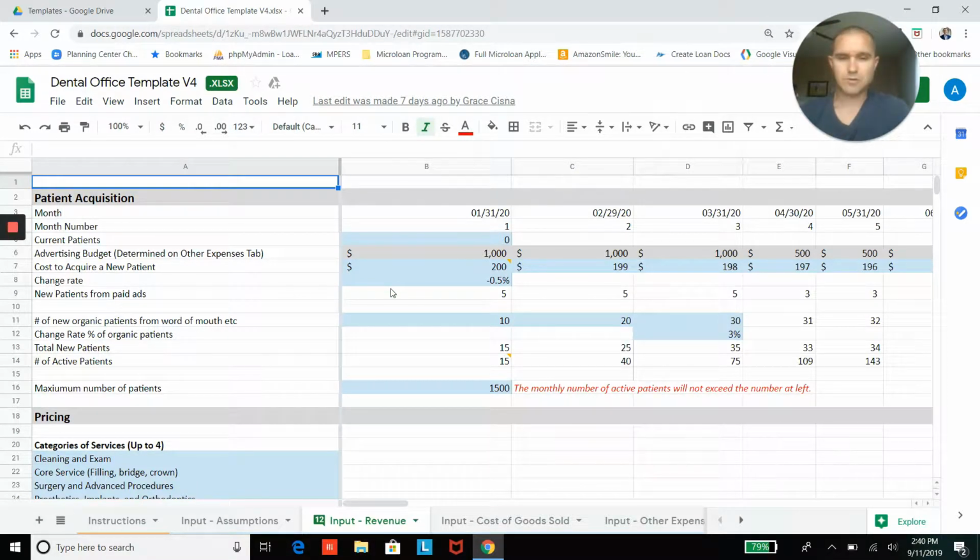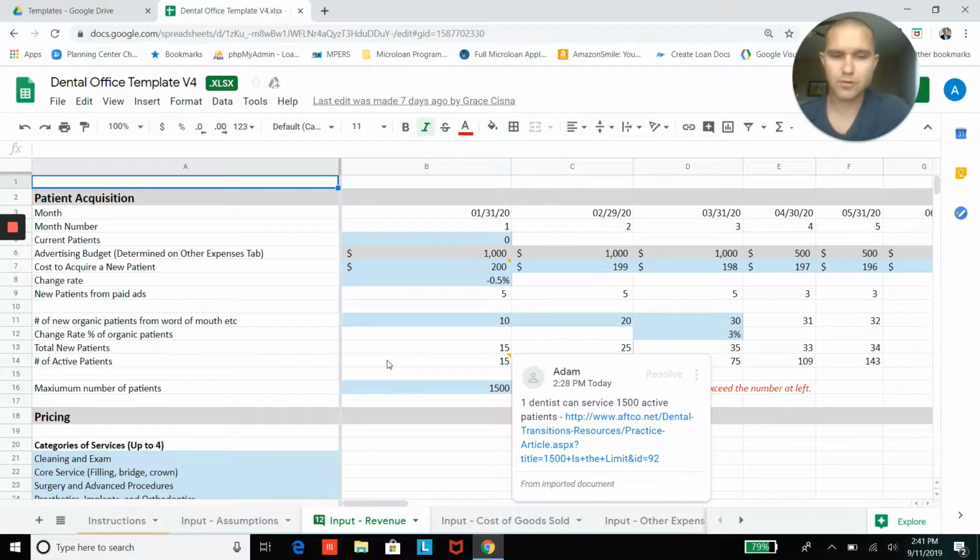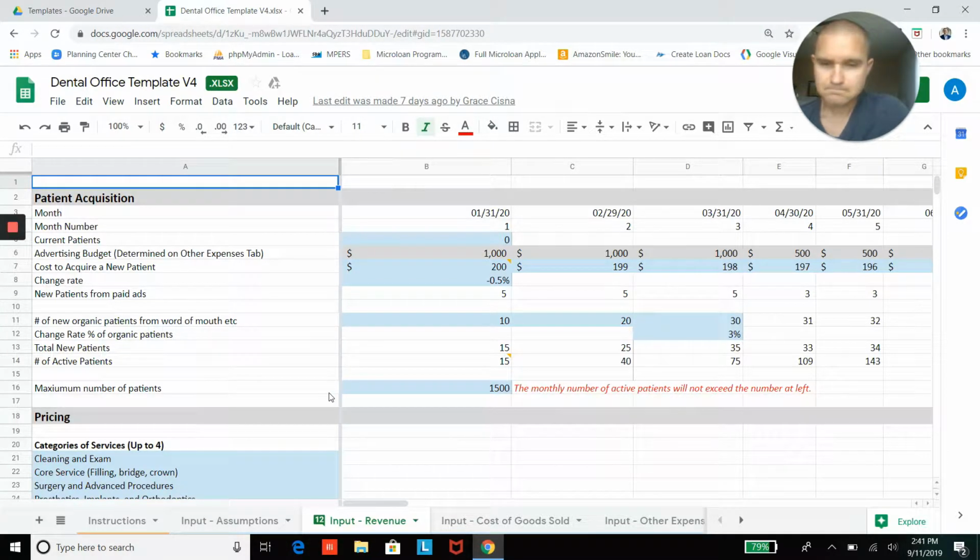So that's where we came up with that $200 cost to acquire a new patient, which is kind of an industry standard. So then you'll have new patients. You also have patients that come from word of mouth. And all of that will add up to total number of active patients in your practice.